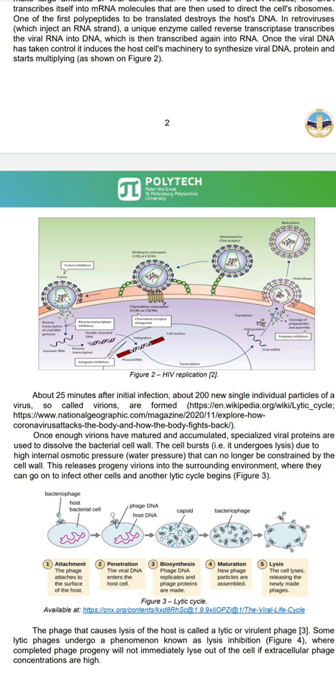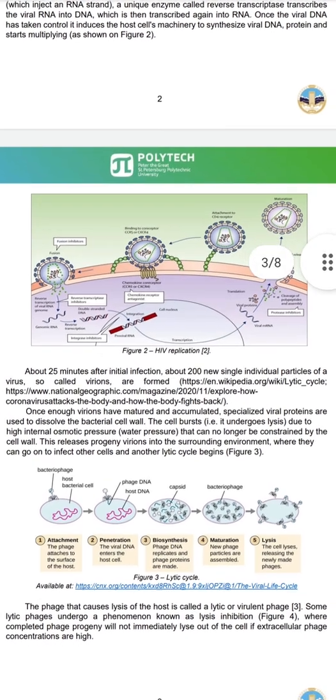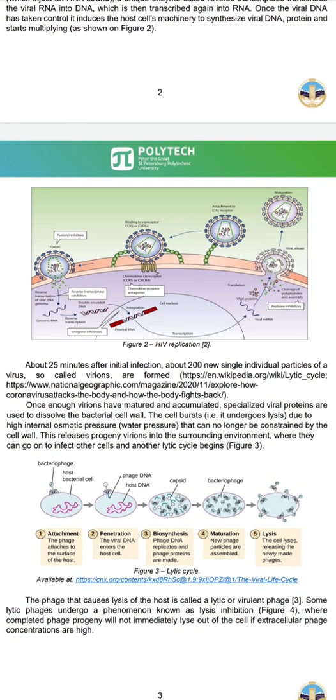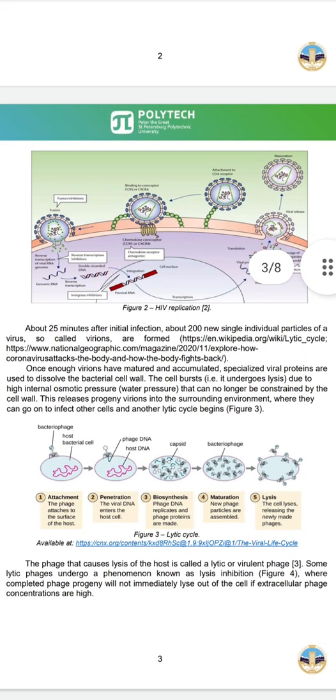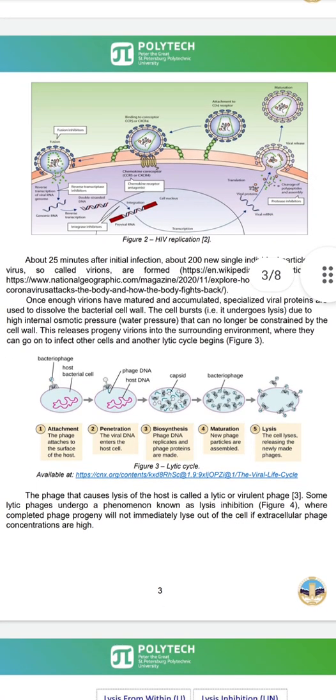That means it undergoes lysis due to high internal osmotic pressure, water pressure, that can no longer be constrained by the cell wall. This releases progeny virions into the surrounding environment, where they can go on to infect other cells, and another lytic cycle begins. Figure 3 is a lytic cycle.